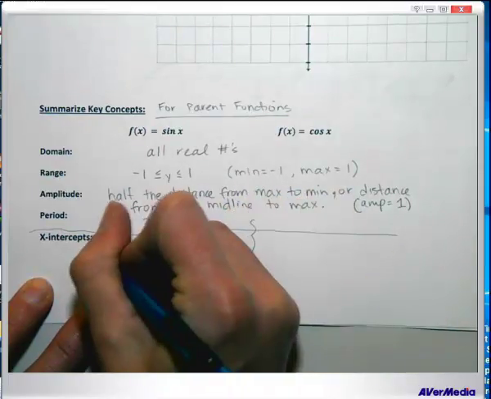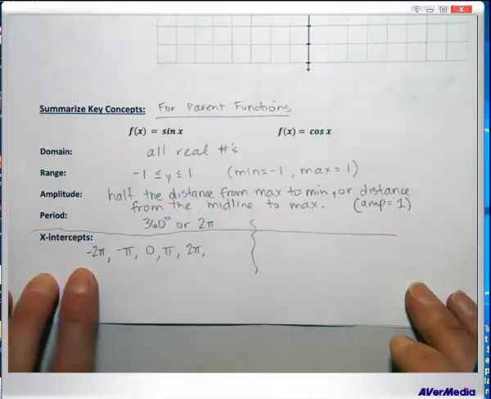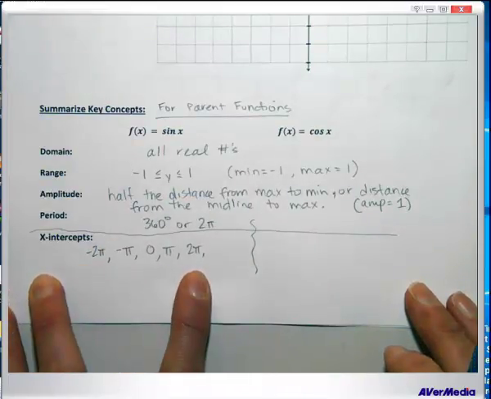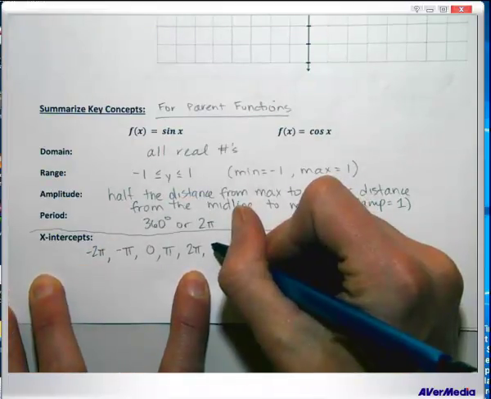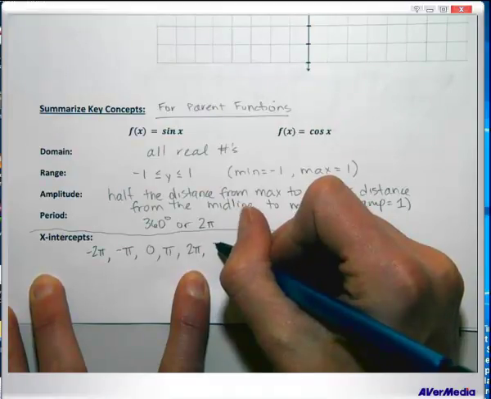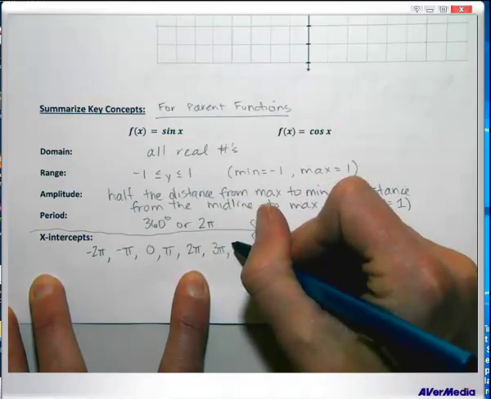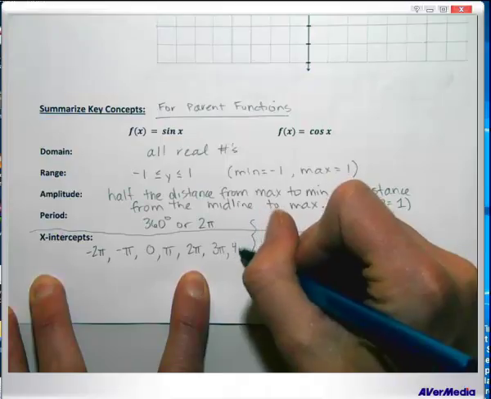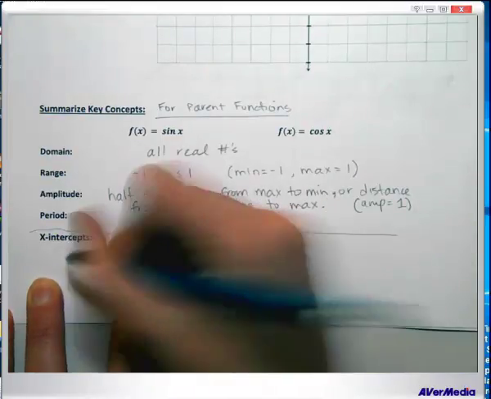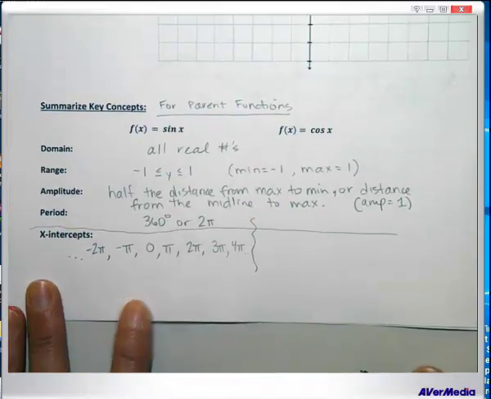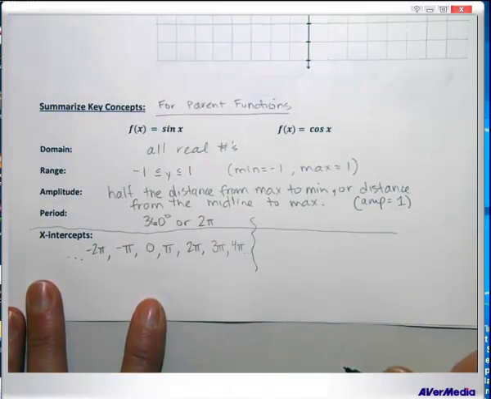So negative 2 pi, negative pi, 0, pi, 2 pi. If I kept going, would it cross at 3 pi? And 4 pi? Yeah. And same thing on the other end. So basically intervals of pi every time it's on the x-axis, if you think about your unit circle.